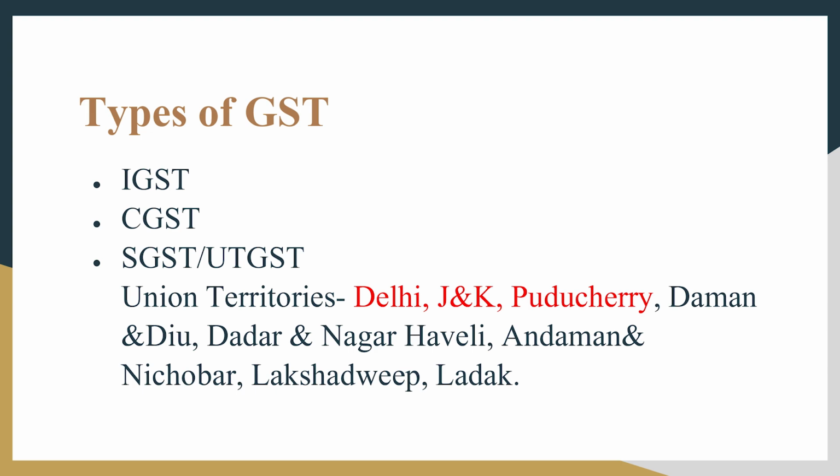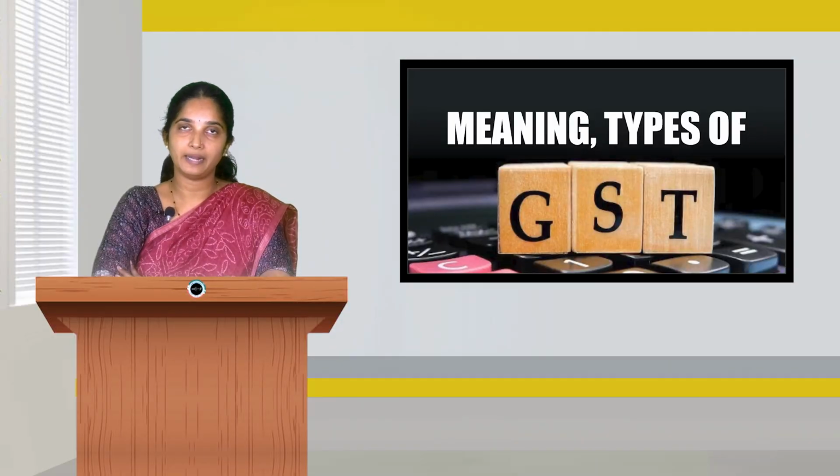For the other 6 union territories, if supply takes place within them, the type of GST charged is CGST and UTGST, charged together, or CGST and SGST charged together.